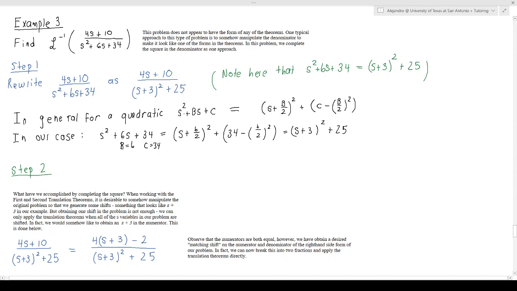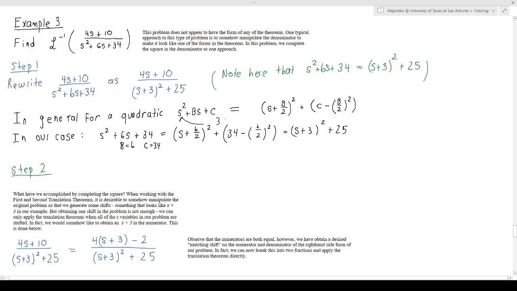When we're trying to use completing the square as an approach to the problem, we can use this formula here, where we have something like s squared plus bs plus c. This has to be s squared by itself.